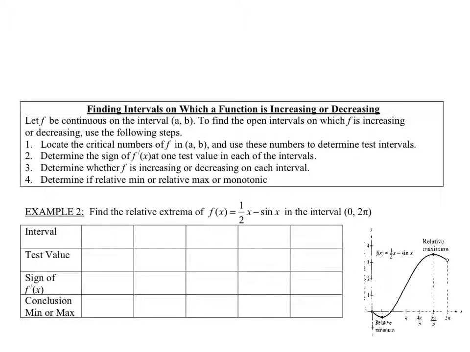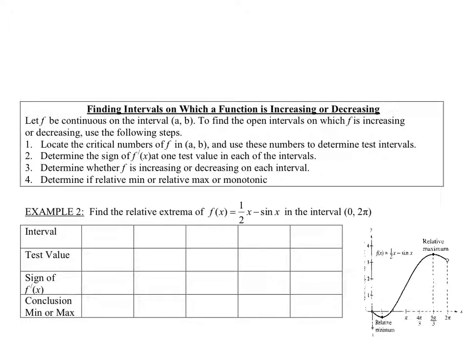But locate all critical numbers. Use these numbers to determine your test intervals. Then determine the sign of f prime at one test value in each of those intervals. And then, based on that sign, determine whether f is increasing or decreasing on each interval.